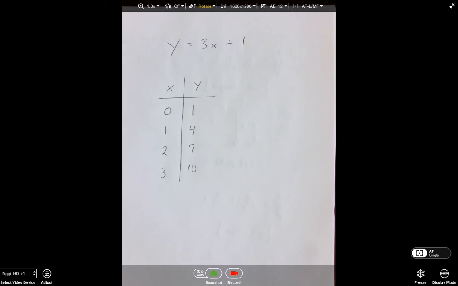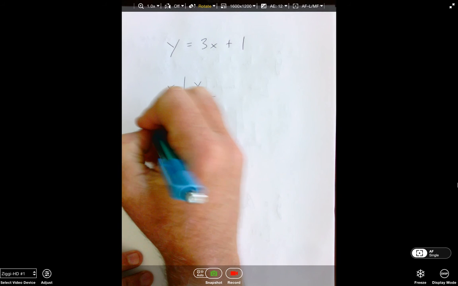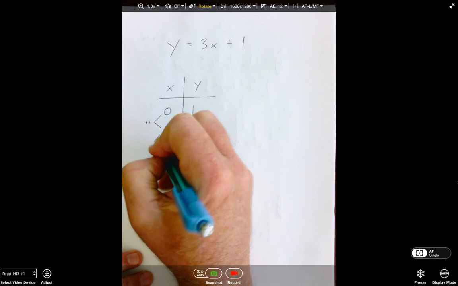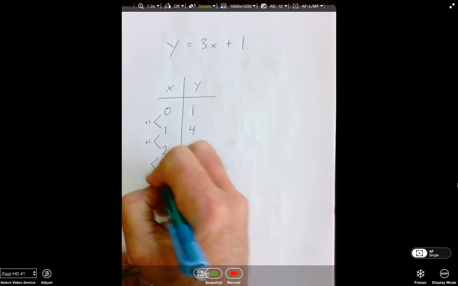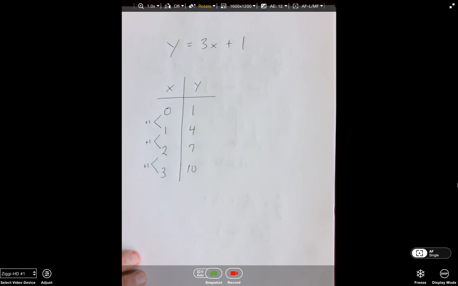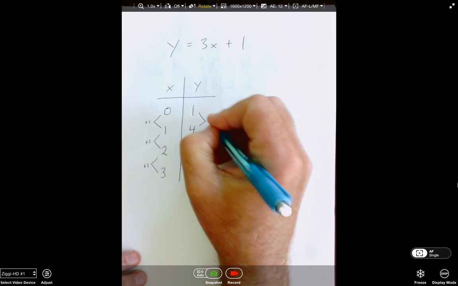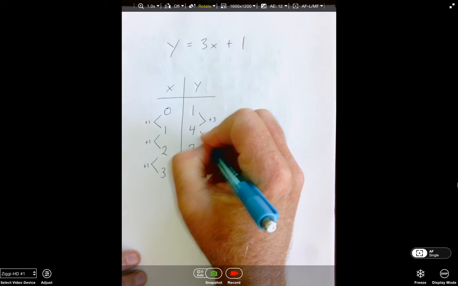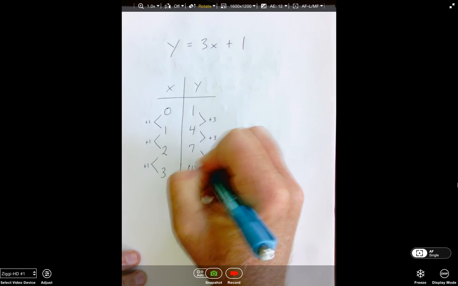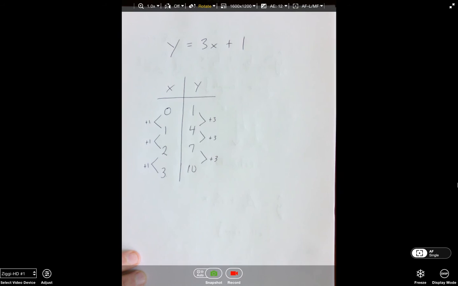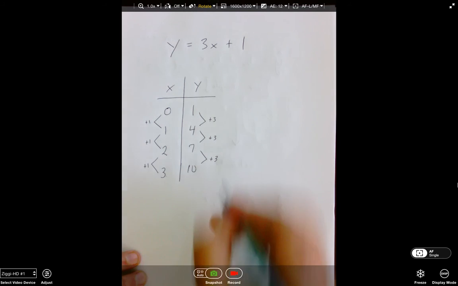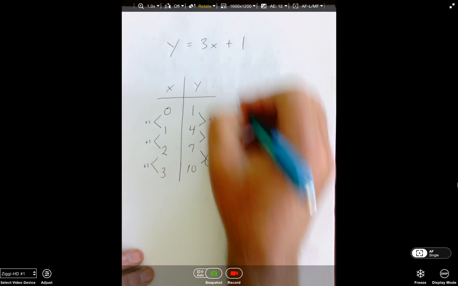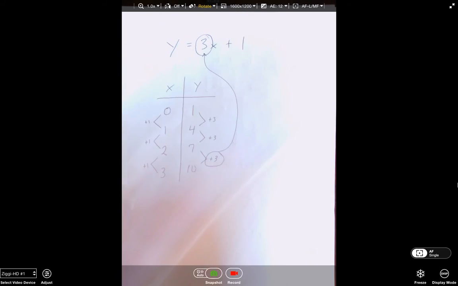Now, if you were taught well, your teacher should have pointed out to you that as you increase 1 unit over here on the x, your y values change at a constant rate. And that constant rate is exactly the value of the slope.